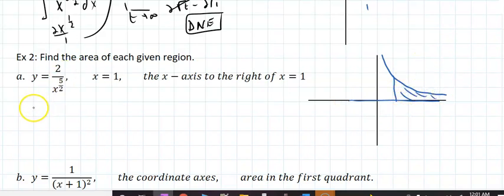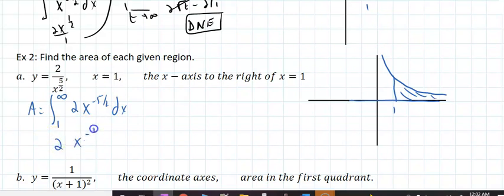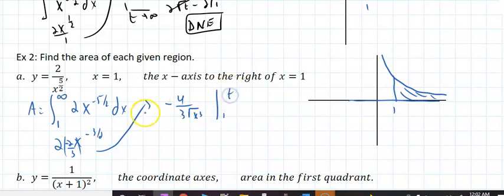Well, area is going to be the integral from 1, because we're running on 1, and we're going to run to infinity, of twice x to the -5/2 dx. That's going to be 2, add 1 to the power, that's -3/2, divide by that, that's multiplying by the reciprocal. So we're looking at a -4/3 times the square root of x cubed, evaluated from 1 to t, taking the limit as t approaches infinity.